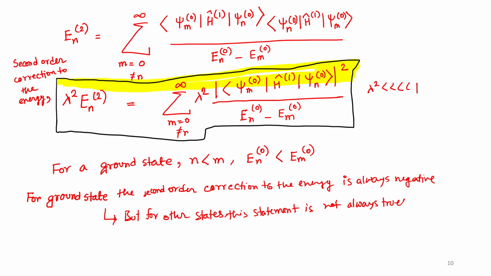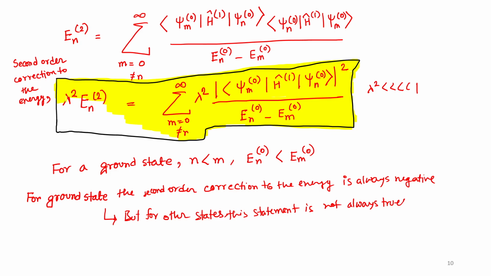In CSIR NET or this kind of competitive exam, at least when I gave the exam, a numerical used to come where we need to calculate the second order correction to the ground state, and all the terms are positive and only one is negative.